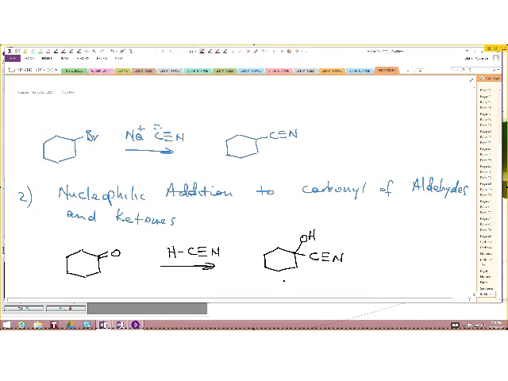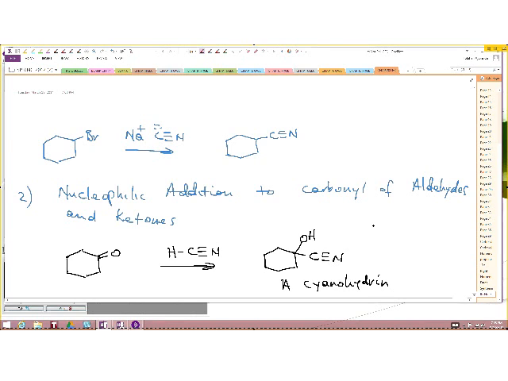If you recall, we get what we call a cyanohydrin. Cyanohydrin simply means you have a cyano group and a hydroxy group within the same molecule.